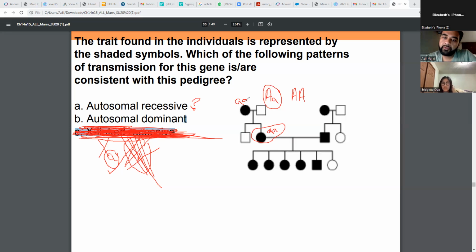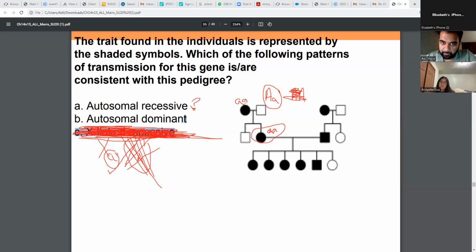So if this person is showing it, this person has to be little a, little a. And this person can be either big A, little a, or big A, big A. So right now we kind of put this guy off to the side. We're not worried about him right now. We're trying to figure out first with this guy over here.